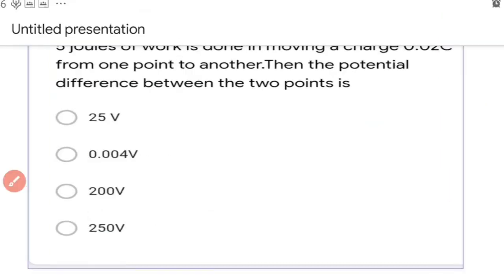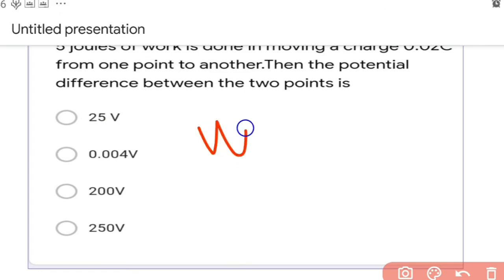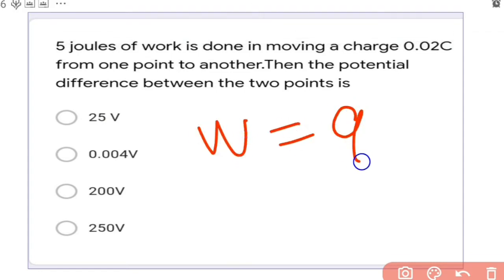Now coming to the next question. 5 joules of work is done in moving a charge 0.02 Coulomb from one point to another. Then the potential difference between the 2 points is. So work done W is equal to Q delta V. That is our equation.